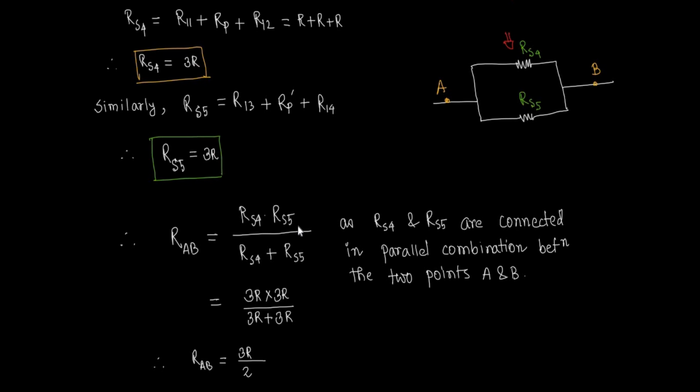Therefore, RAB is equal to 3R divided by 2.